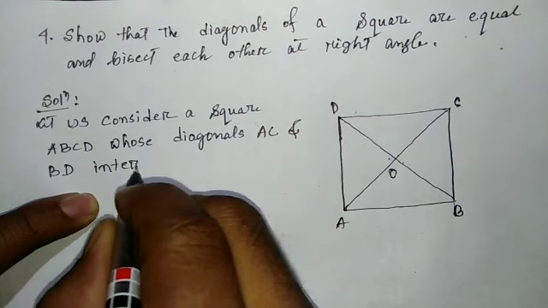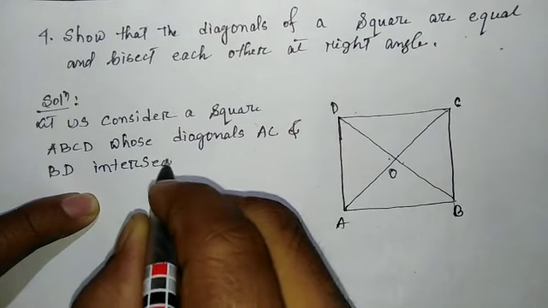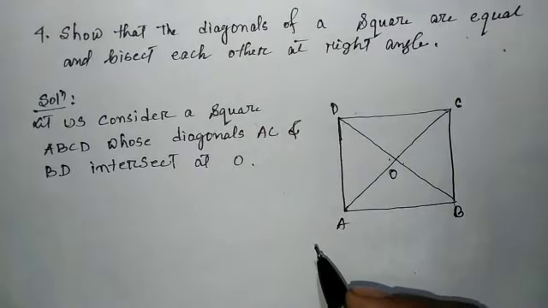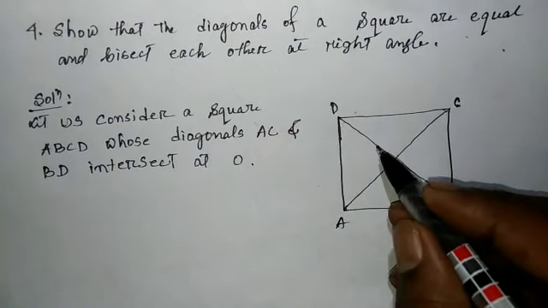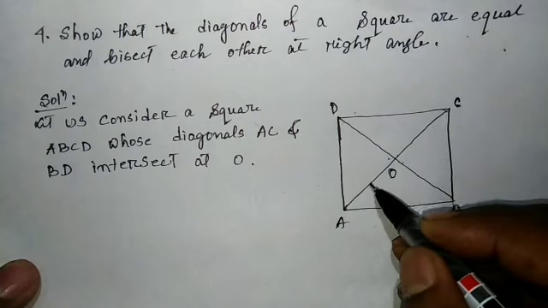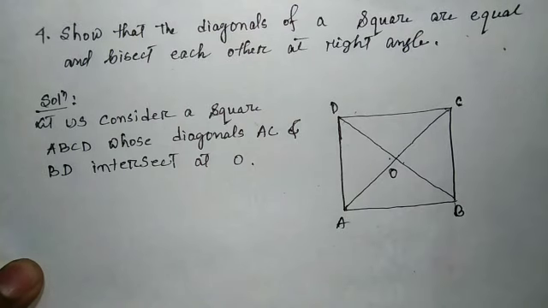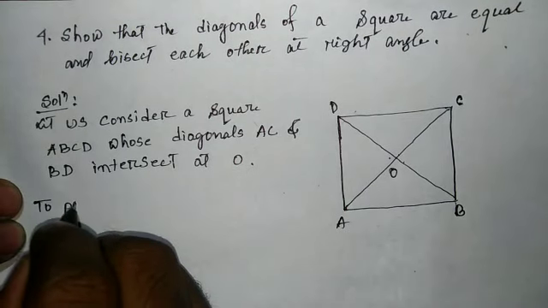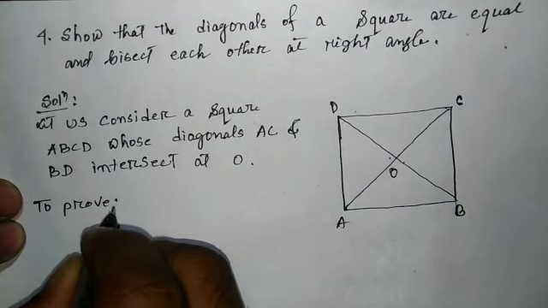We cannot write bisect because we need to prove bisect. Intersect at O. So diagonals intersect at O. We need to prove that they are equal, and bisect each other at right angle. So we need to prove 3 things here.